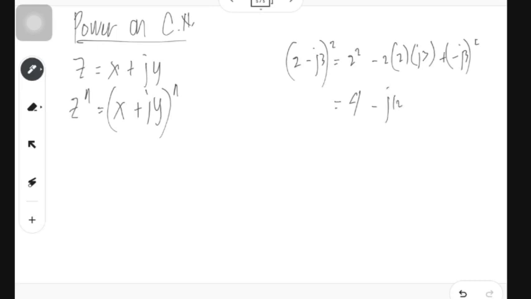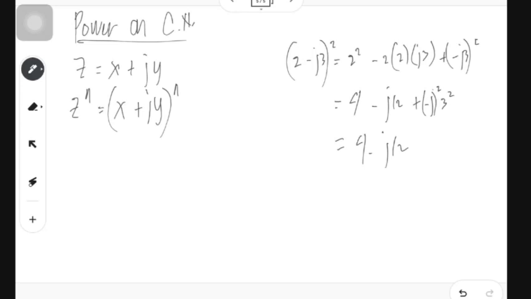Then negative j3 squared can be taken as j squared, then 3 squared, such that 4 minus j12. J squared is negative 1.